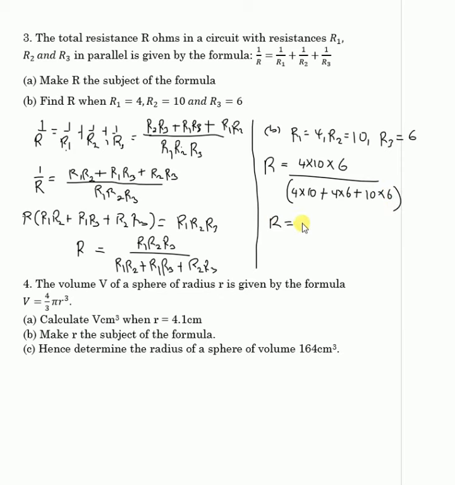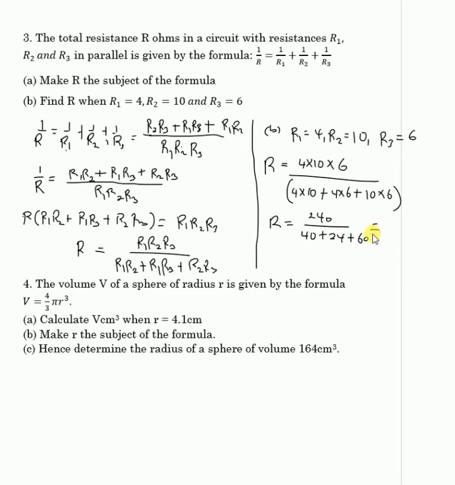So I have that R is equal to, when I multiply here, 240 divided by 40, which is 4 times 10, plus 4 times 6, that one is 24, plus 10 times 6, that one is 60.